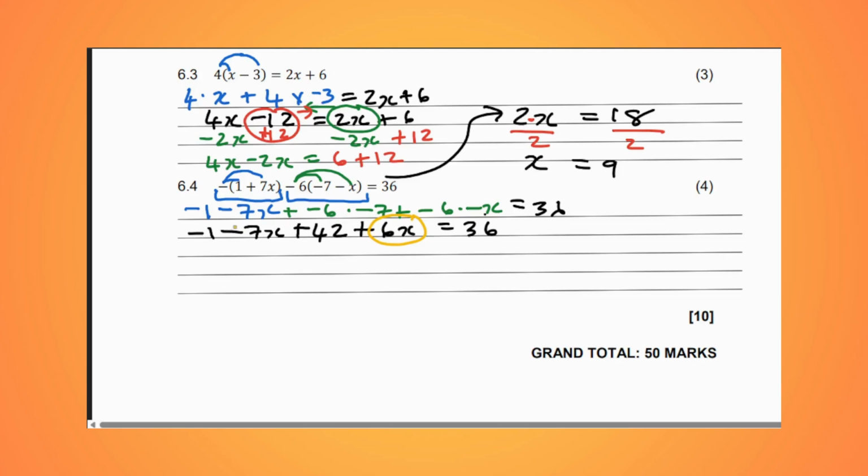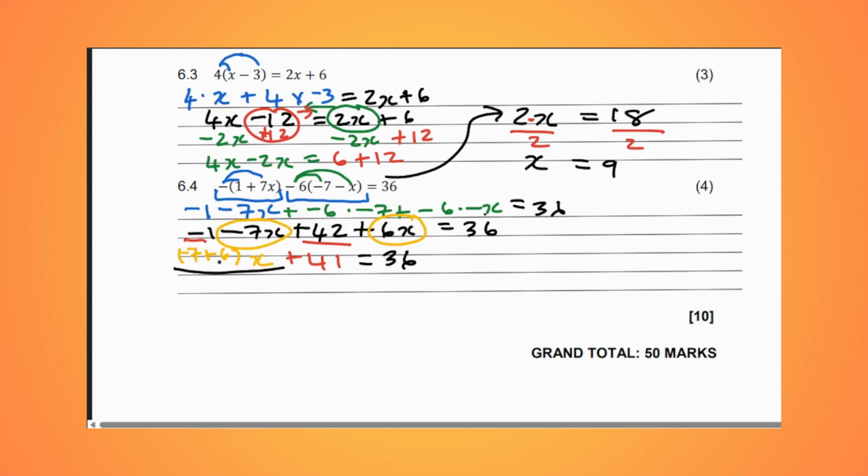There's a 6x. There's a negative 7x. So we're going to say negative 7 plus 6x. And then our numbers work like normal. It's minus 1 plus 42. So 42 minus 1 is 41. It's still equal to 36.